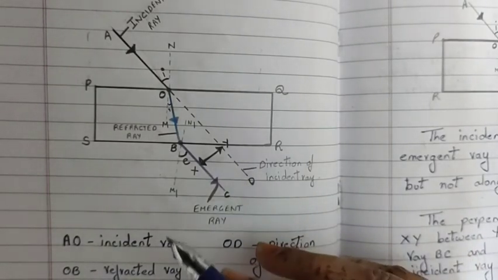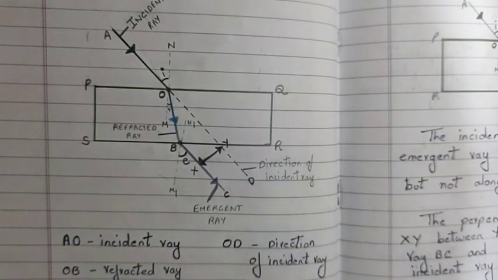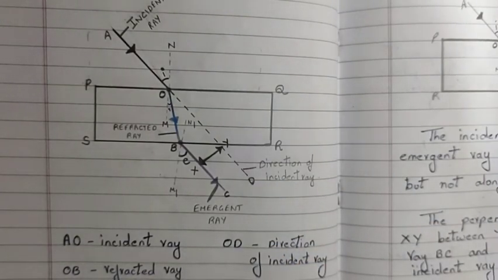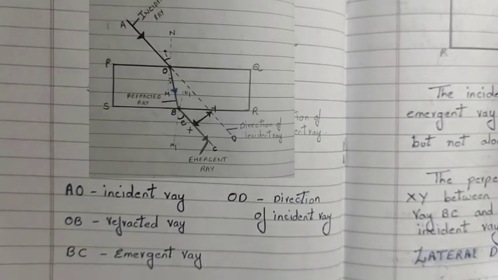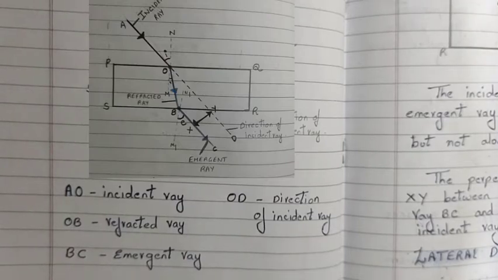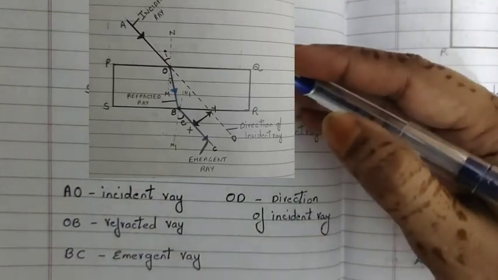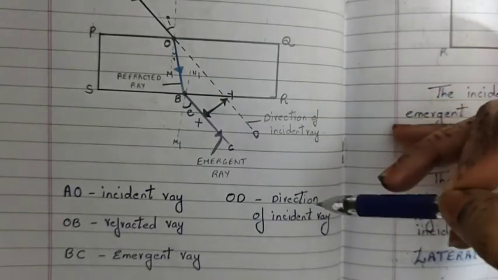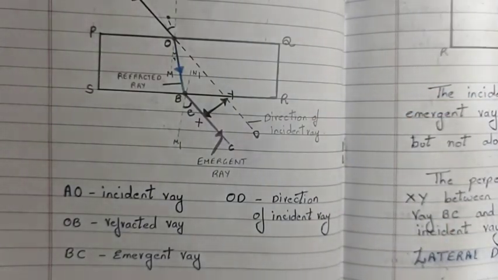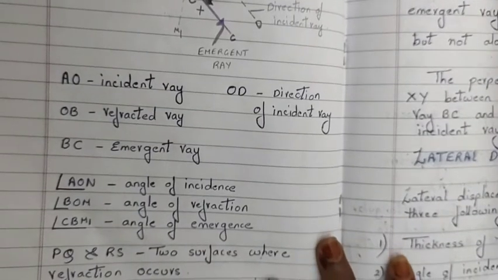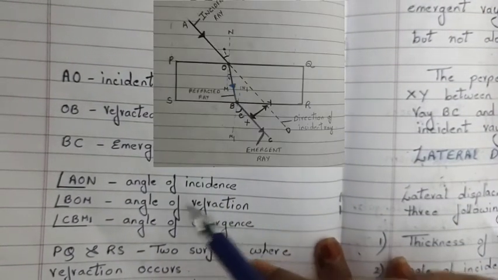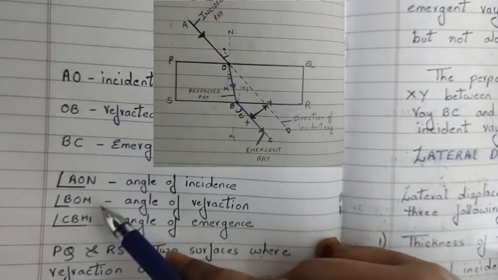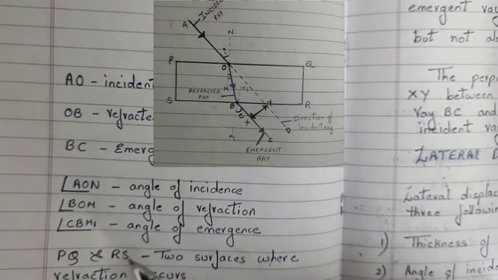Now let us understand the terms related to the refraction of light through a glass block. Here AO is the incident ray, OB is the refracted ray, and BC is the emergent ray. OD is the direction of incident ray. Angle AON is the angle of incidence and angle BOM is the angle of refraction.